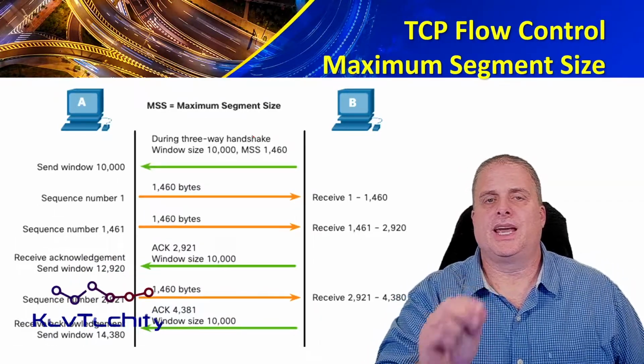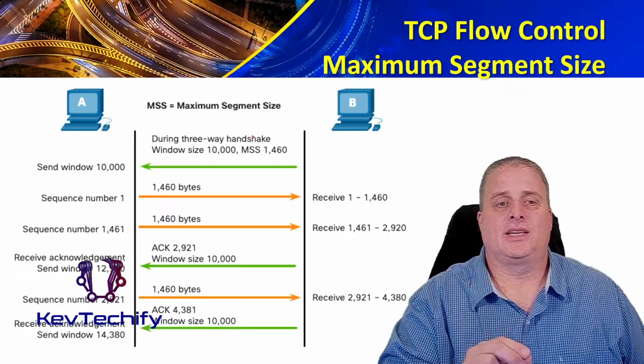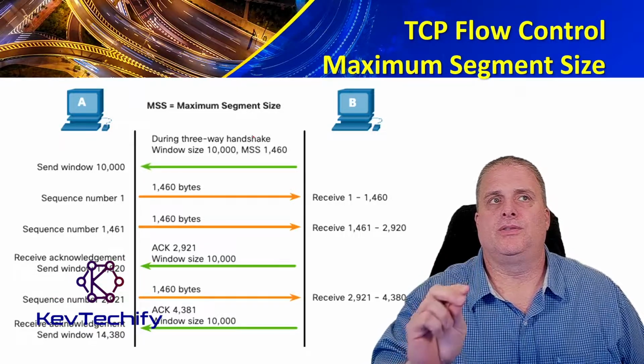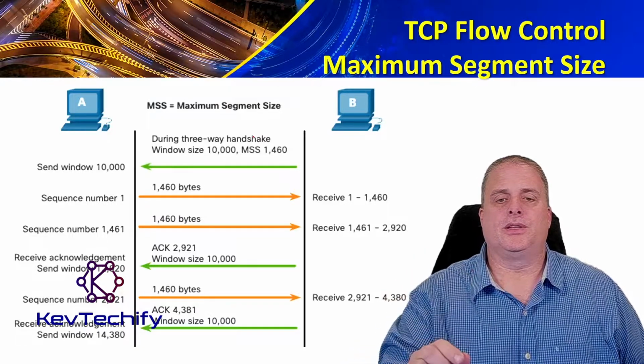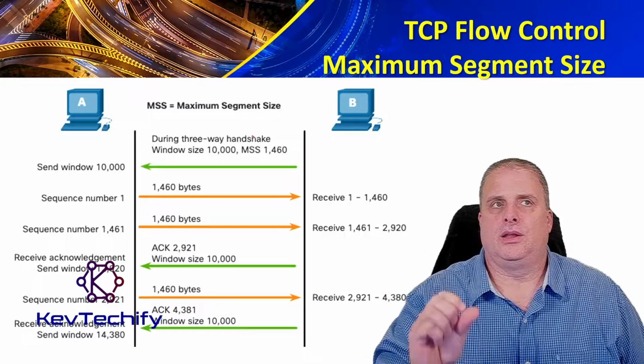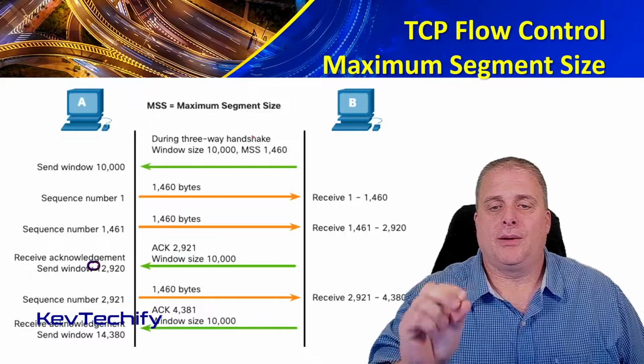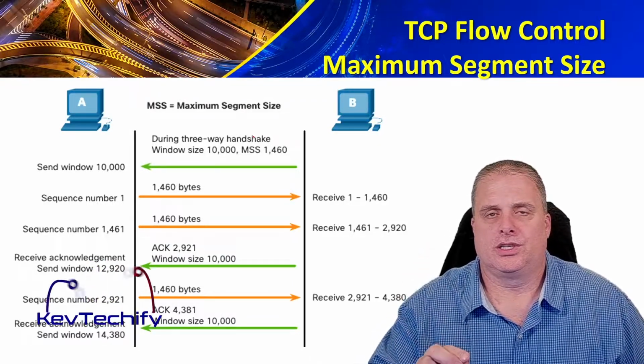The maximum segment size, or MSS, is the amount of data the destination device can handle. Typically, for IP version 4, the MSS is 1,460.